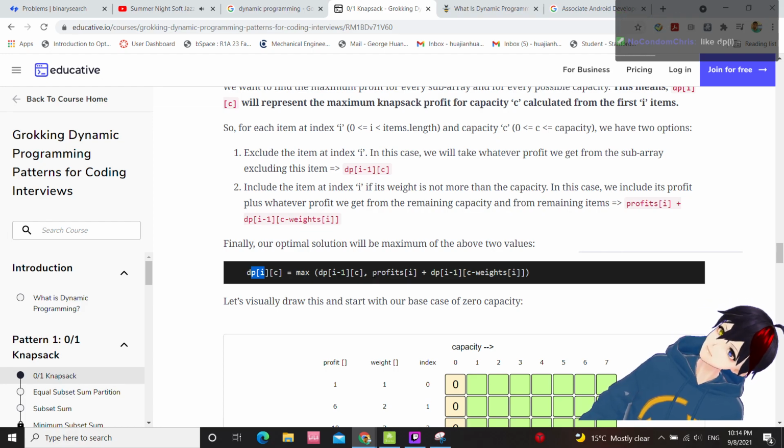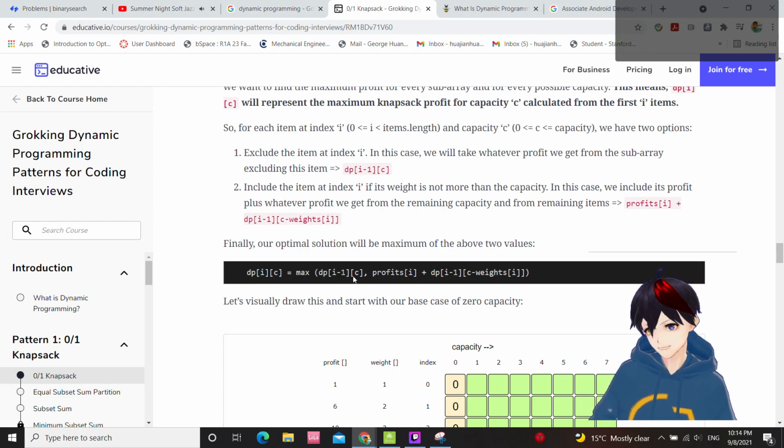It could be you don't include the item, same as you don't include the item at all, or with the profits plus.